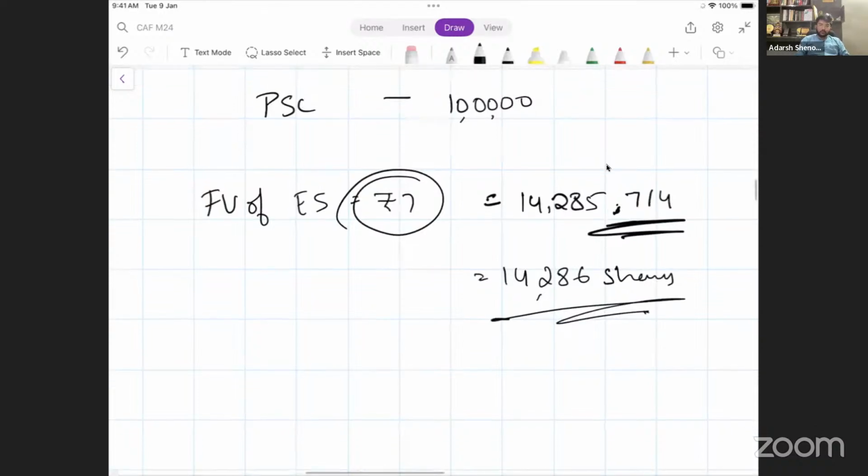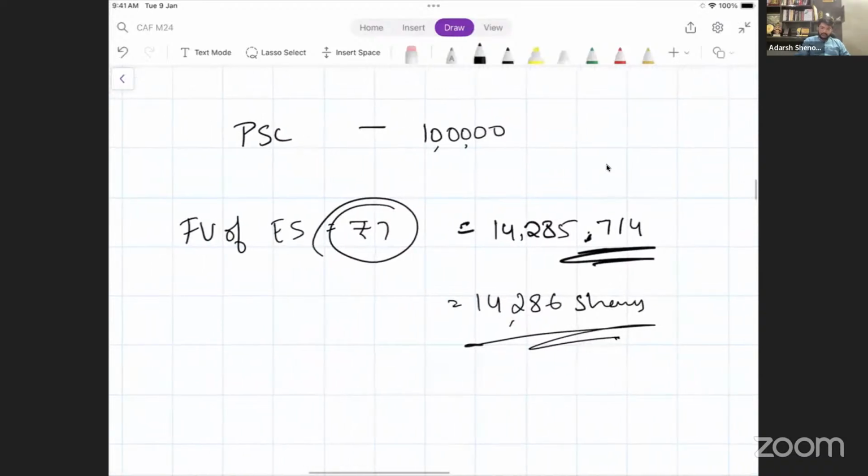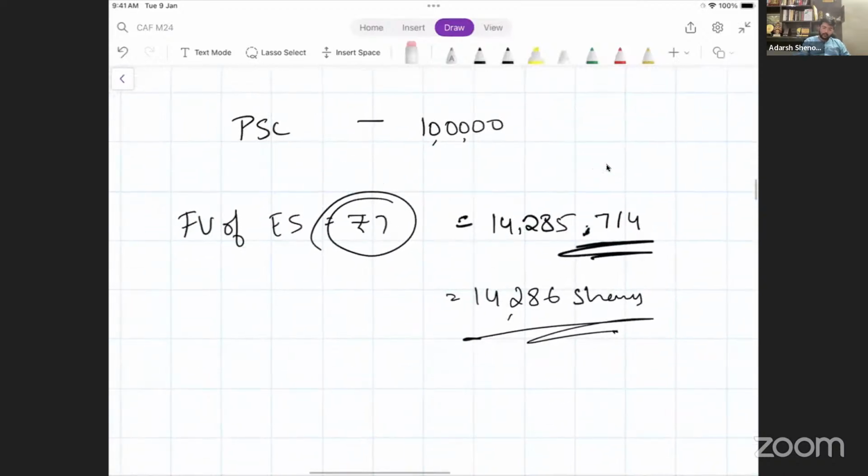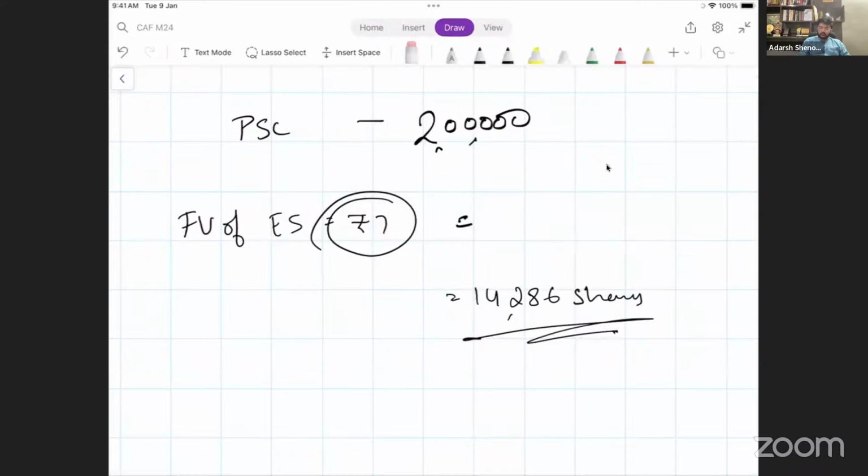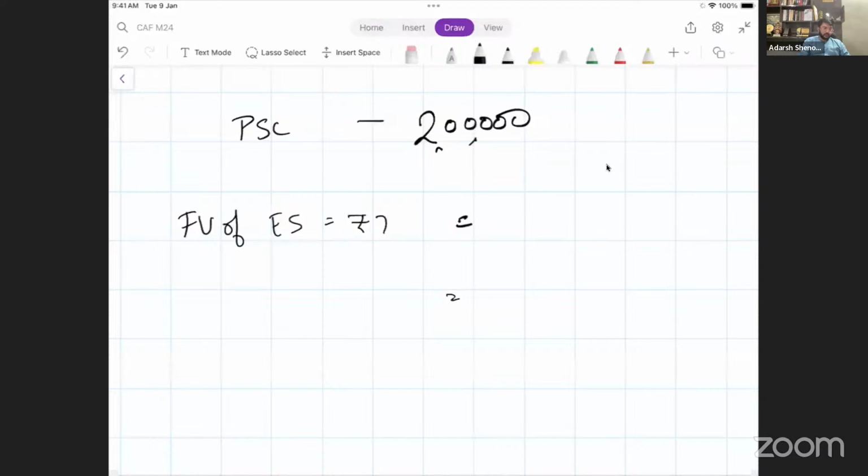Okay. Now, let's take one more example. Preferential capital is 2 lakhs. Now tell me how many shares should I issue if the preferential capital is 2 lakhs? 7 rupees is the face value of each share.